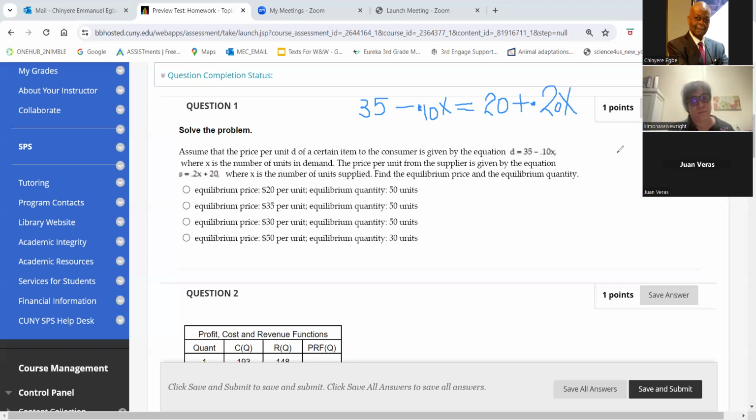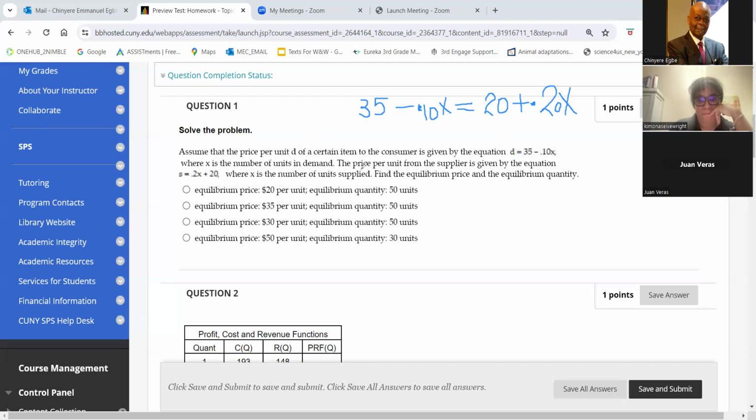It says, assume that the price per unit of a certain item is given by the equation D is equal to 35 minus 10x, where x is the number of units in demand.